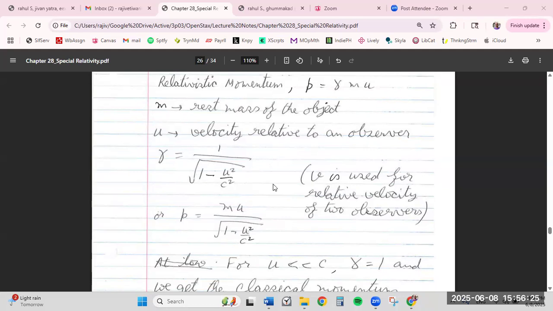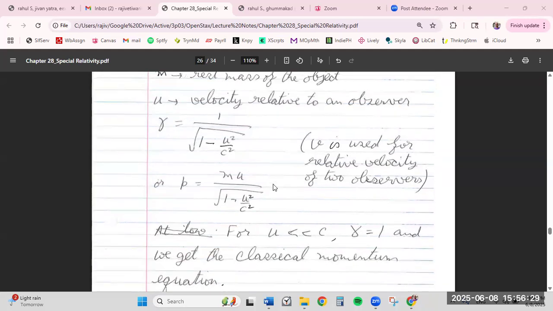You might be wondering why we are using u instead of v. v is typically used for the relative velocity of two observers, or the relative velocity between two frames of reference. Whereas if you're talking about the velocity of an object relative to one observer, then it's common to use the letter u.